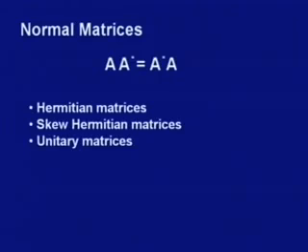Similarly, for skew Hermitian matrices, A star is minus of A. So whether you post multiply or pre multiply, the result will be the same. Only a difference of minus sign will come here as well as here. So skew Hermitian matrices are also normal matrices. Similarly, one can prove that unitary matrices are also normal matrices. In fact, for a unitary matrix we have one more additional thing, that A A star is equal to identity.